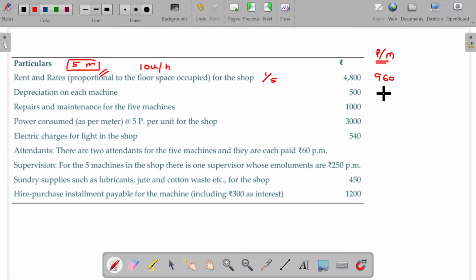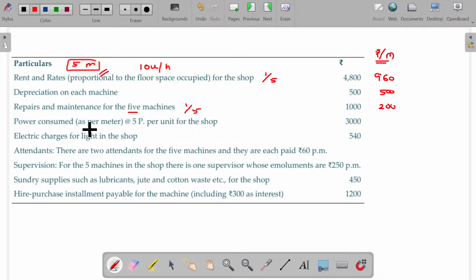Depreciation on each machine, 500 rupees. You need not adjust this. We are calculating the total cost of running this machine on a per machine basis per year. Repairs and maintenance for 5 machines, then you have to consider only 1/5 of this value, repairs and maintenance, 200 rupees.